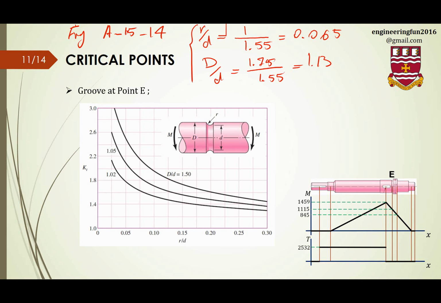So knowing these two values, we can come to this table. r over d is 0.65 and D over d is 1.13, so the line is somewhere between these two lines, and we need to draw a straight line, find the intersect and read the number here. So for example, in this case I'm saying that my Kt is 2.1.